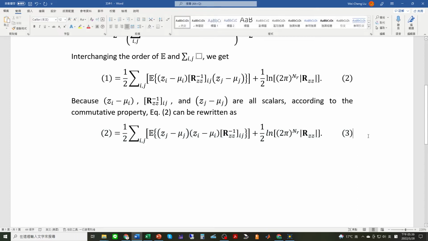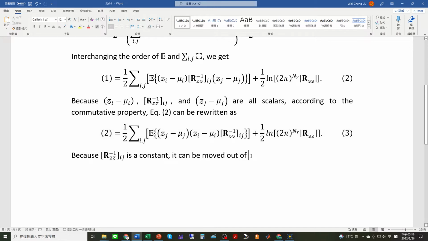Okay, and finally, because RZZ inverse IJ is a constant, it can be moved out of the expectation.